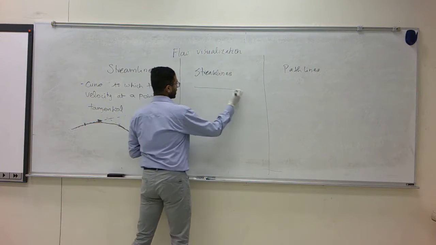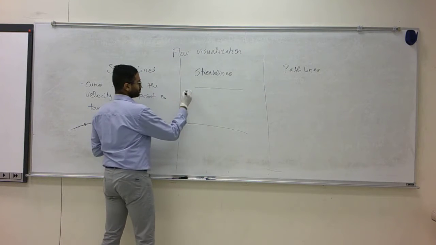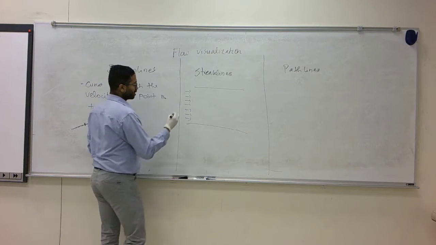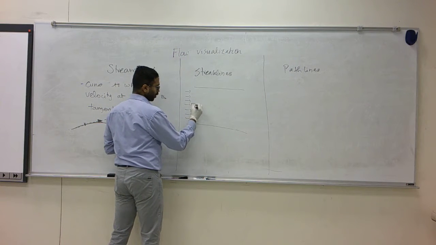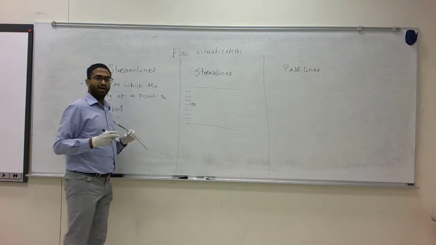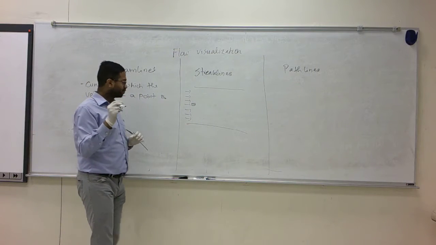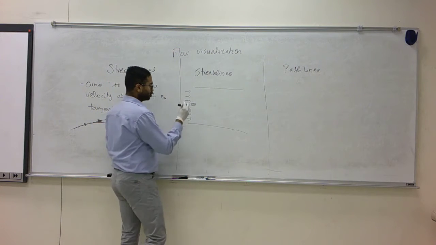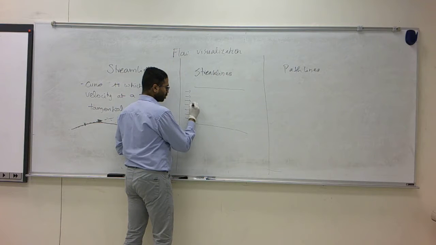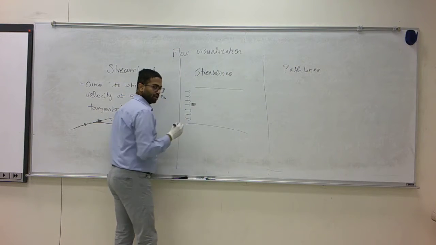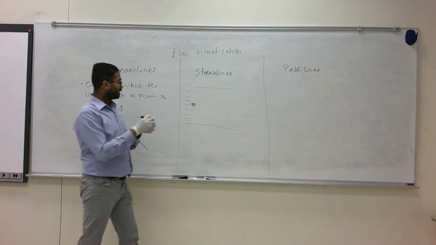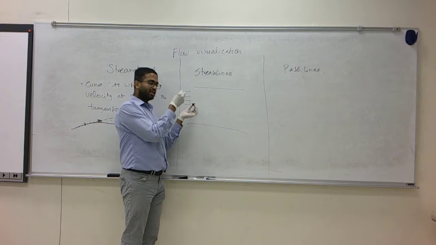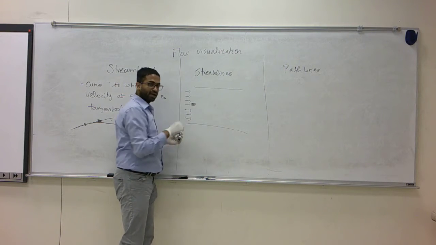Like, for example, let's say you have a flow, and you choose a particular volume here, and we take a dropper and add a dye to all the fluid molecules that pass through this point. Let's say we have a dripper here, dripping dye constantly to all the fluid molecules that pass through this point.